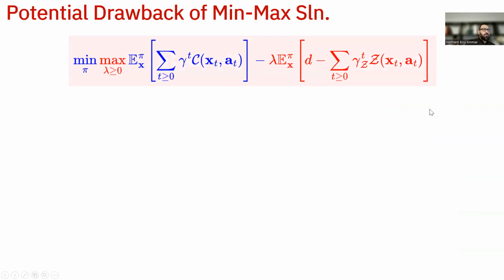But what's the problem with this min-max solution, which is maybe the standard way of dealing with this? First of all, it's really hard to get it to work well because of many engineering and numerical instabilities. But there are also two fundamental questions that are not 100% tackled by this approach.